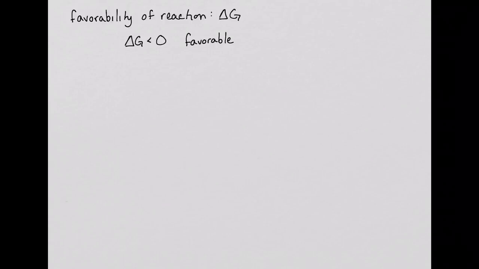When the change in Gibbs free energy is greater than zero, the process is unfavorable and will not occur spontaneously. Also remember the equation for calculating Gibbs free energy. The Gibbs free energy is equal to the change in enthalpy, delta H, minus the temperature times the change in entropy. In order to make delta G favorable or negative, we need delta S to be large and positive.